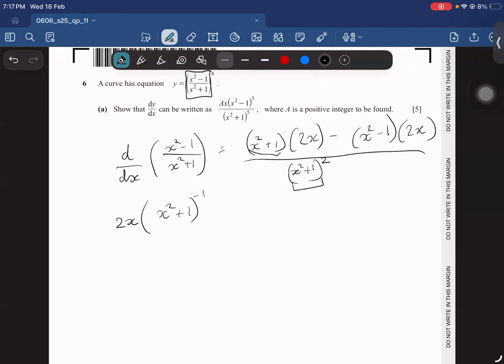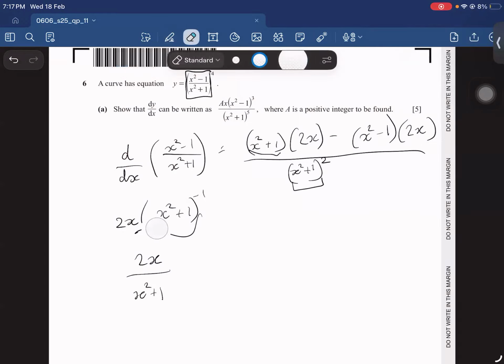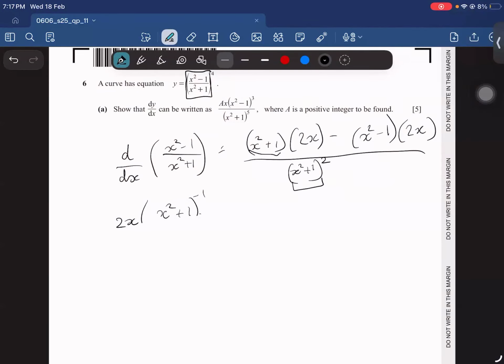So I've just divided it, and once you divide it, really what this is is 2x over x squared plus 1, but I've written it in the form of powers just so that it's easier and more concise. And then I get minus 2x times x squared minus 1, which is what we have up here. In addition, we have x squared plus 1 to the power -2, which is our denominator.